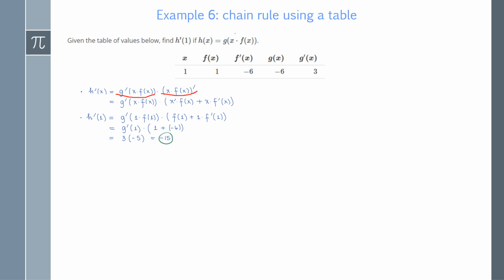So my inside function is actually a product of x and f of x. Okay, so what do we do now? Now we need to apply the product rule to x times f of x, and that would be x prime times f plus x times f prime. Okay, so that is the first step for us to write out.